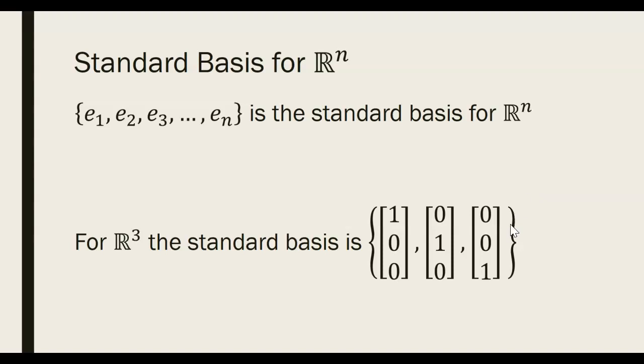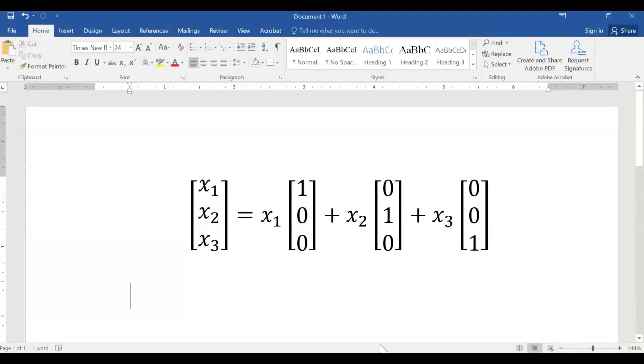Now we can clearly see, first off, that they generate Rn, because if I think of an arbitrary vector in Rn, we can definitely write it as a linear combination of these three vectors. We can show that real quick by saying an arbitrary vector in R3 looks like this, where x1, x2, and x3 are all real numbers.